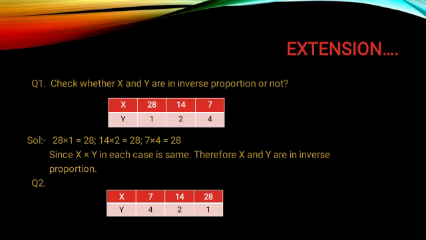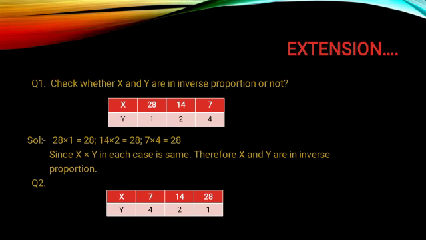If any of the 3 is not equal to the other 2, then clearly you can write that x and y are not in inverse proportion. Clear? I hope you have understood question number 1.